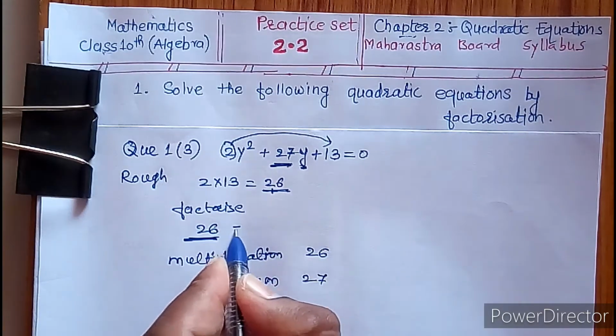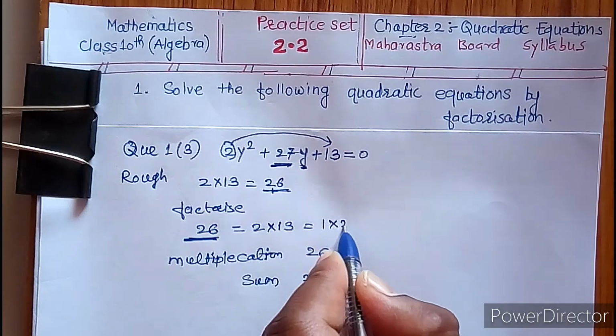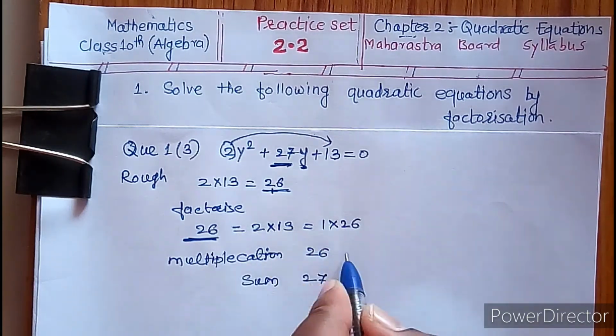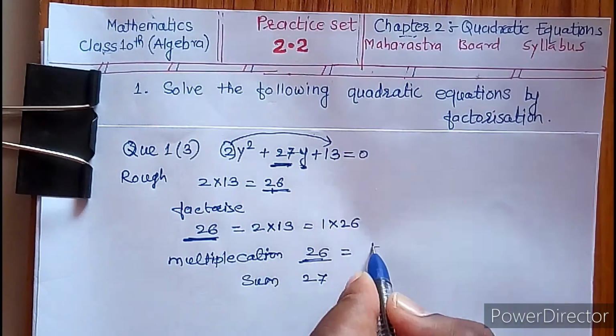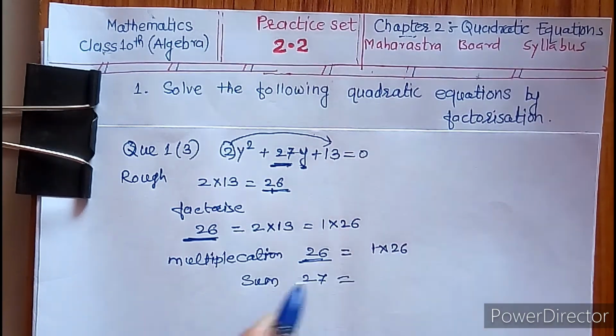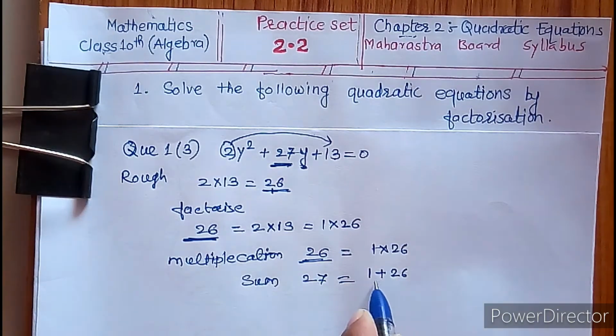Now 26 can be factorized as 2 into 13, or 1 into 26 also. We need 26, which means 1 into 26 is allowed. Now here 1 plus 26 will be 27, so this is also allowed.